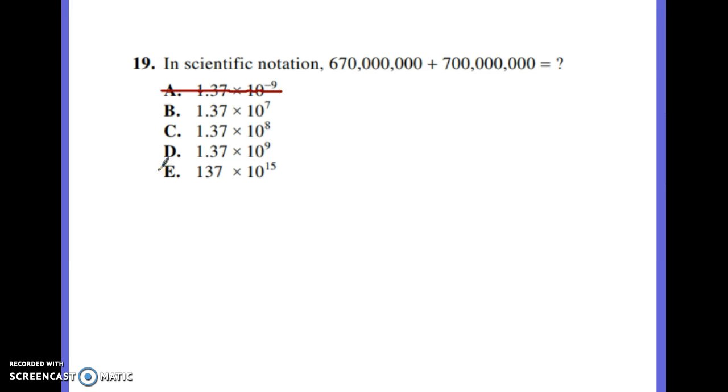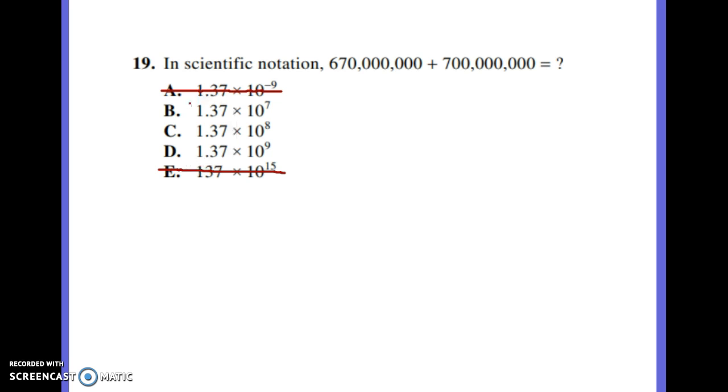You can also eliminate answer choice E because with scientific notation, this first number has to be 1 or larger, and it cannot be 10. So somewhere between 1 and 10, not including 10.